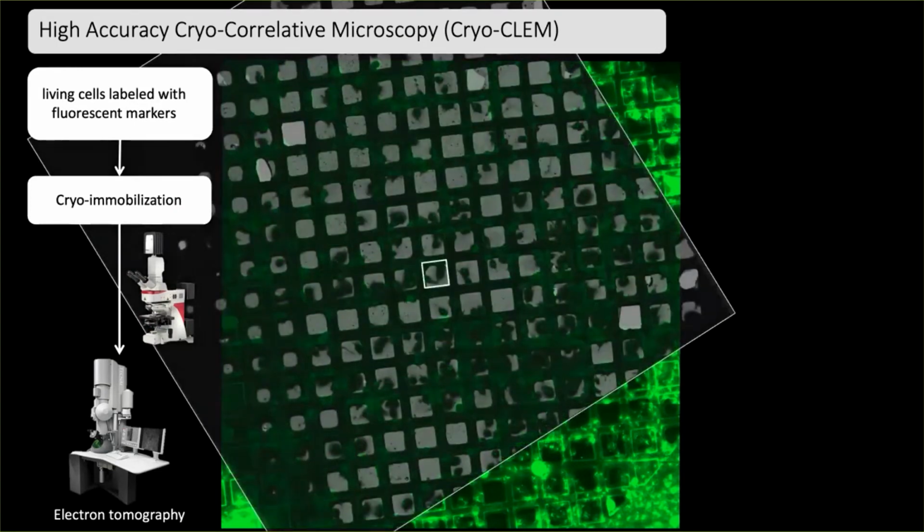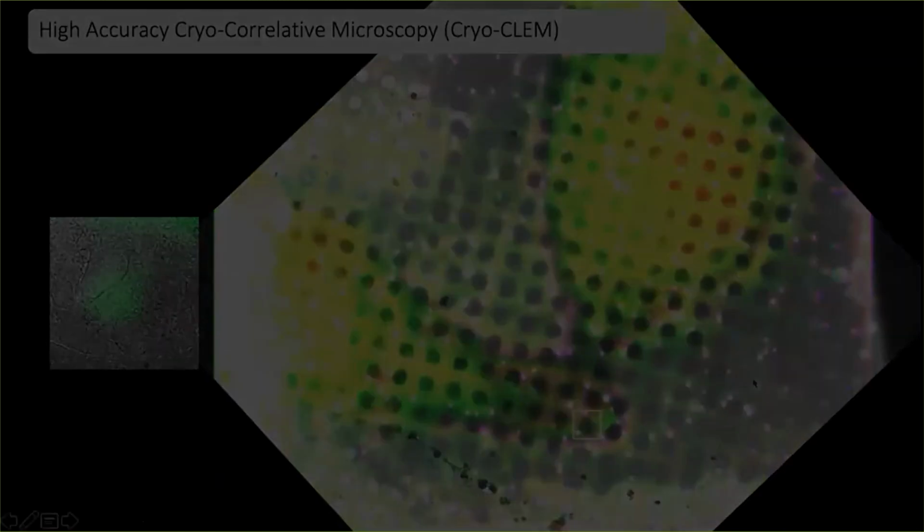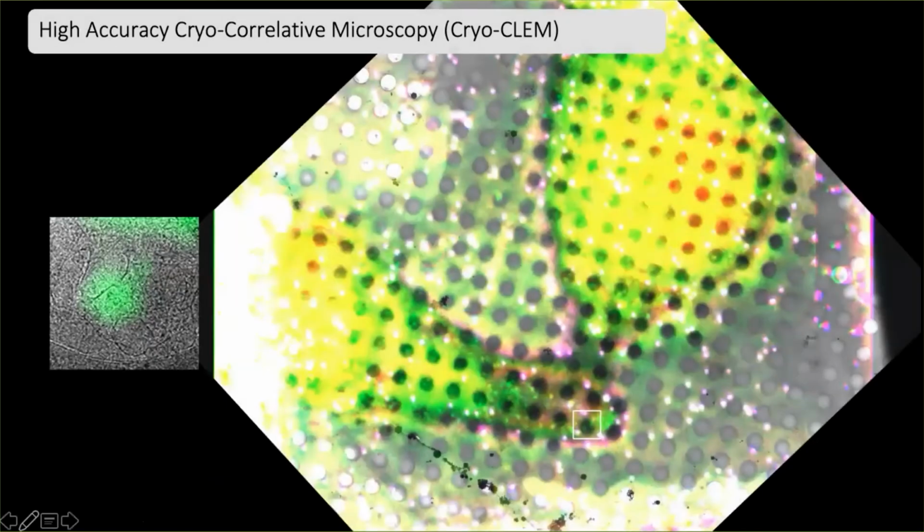And we can easily acquire the same field of view in the electron microscope, zoom in on these same cells, and in this paradigm, again, use beads to correlate the two imaging modalities with high precision, and then home in on objects of interest.